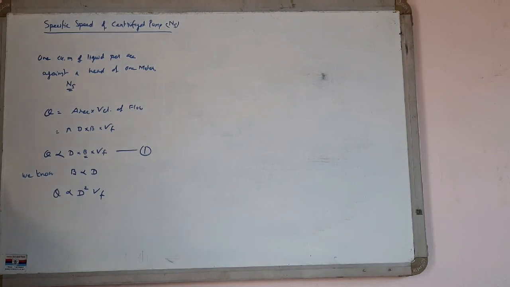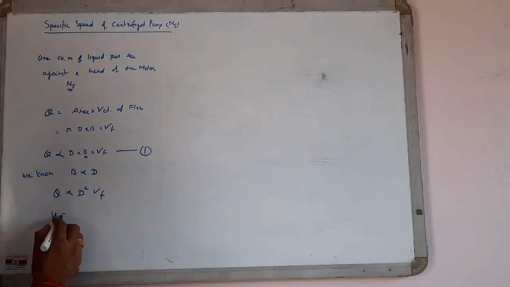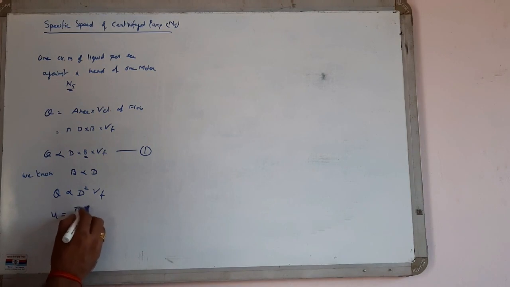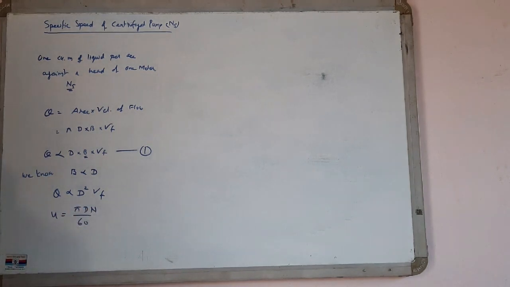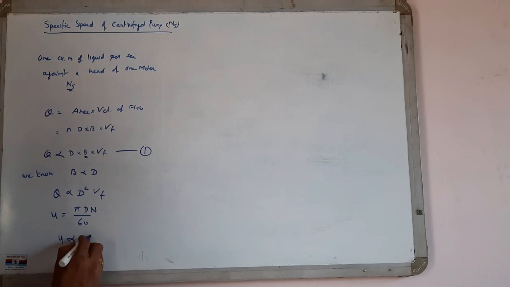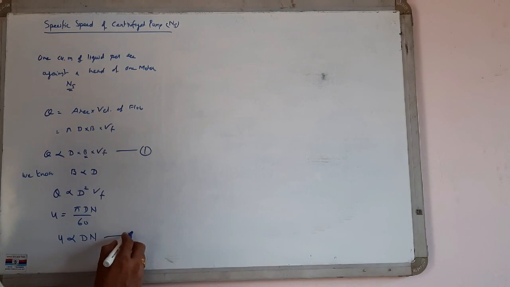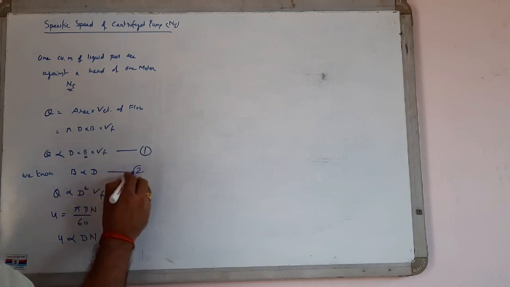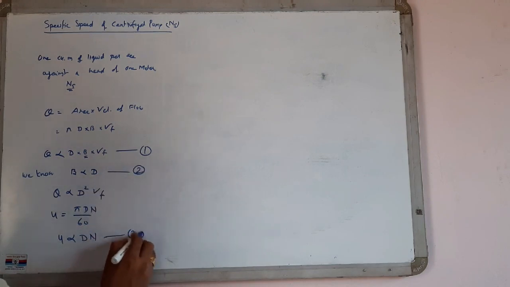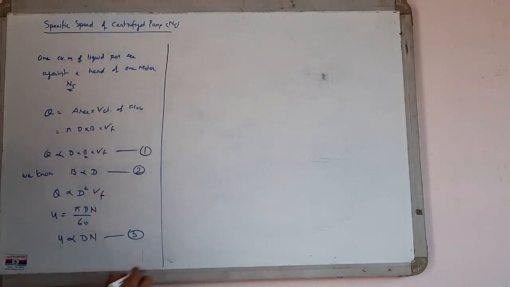We also know that the tangential velocity U equals pi D N by 60. This means that U is proportional to D N. This is equation 2, and this is equation 3.